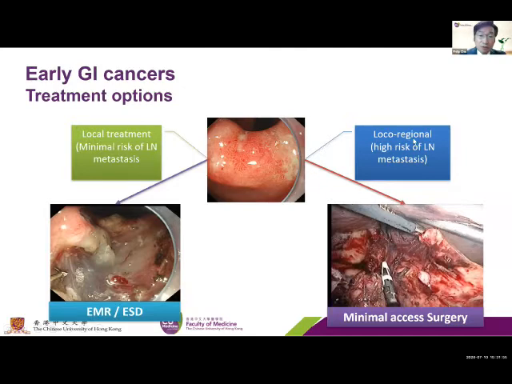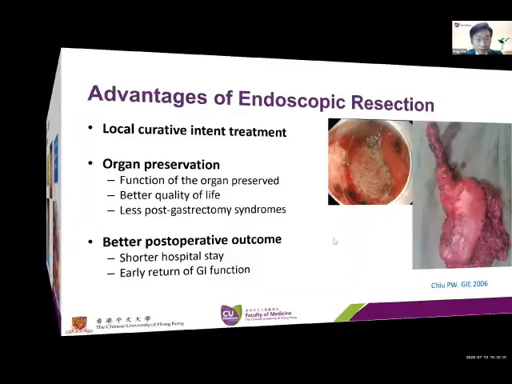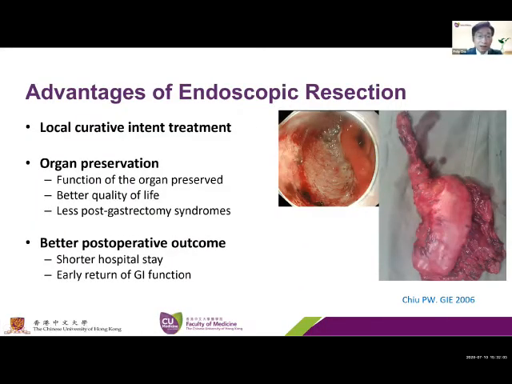If there's a locoregional disease with a high risk of lymph node metastasis, then we have to treat it by minimal access surgery. The advantage of endoscopic resection is that it is not only a locally curative intent treatment, but we can preserve the organ so that the functional outcome of the patient is better, with a better quality of life. It also gives a better post-operative outcome, with a shorter hospital stay and early return of GI function.